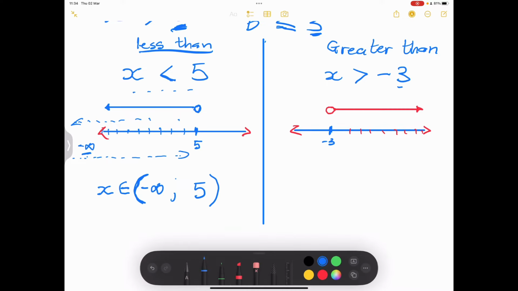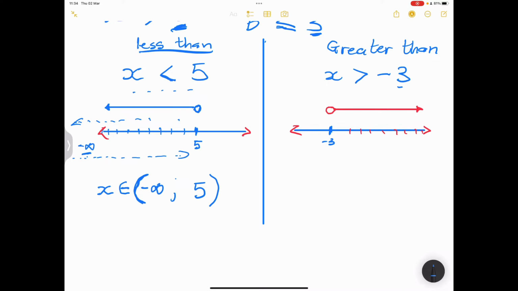So how do I represent that in interval notation? I'm going to say, well, x would be an element of negative 3. So from negative 3, remember we said we write it in ascending order. And if we keep increasing and increasing and increasing, we don't end up at infinity, but it goes on and on and on, and we represent that by the sign infinity, right?